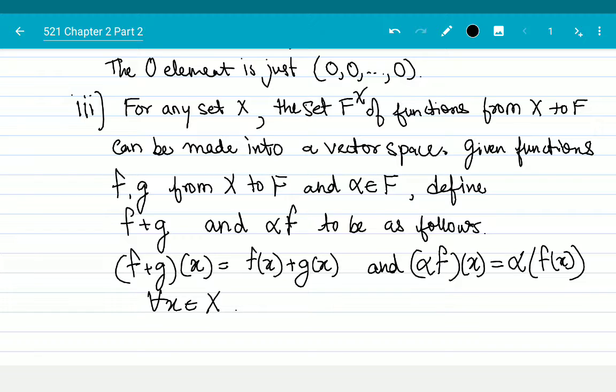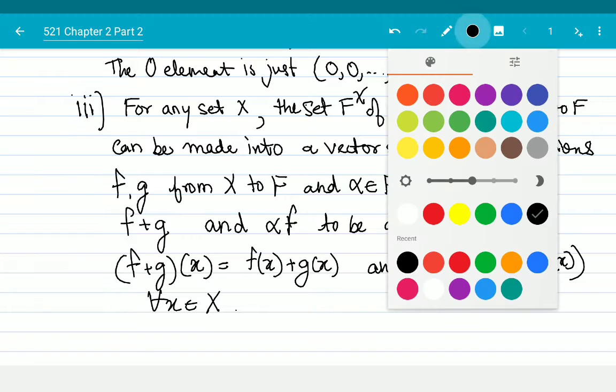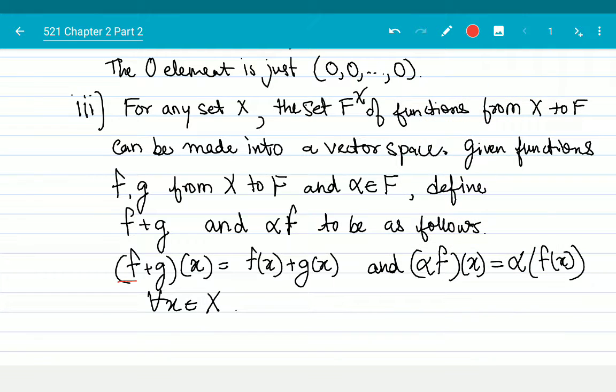The addition f plus g is happening in the vector space, while this addition here is happening in the field. But this makes sense.